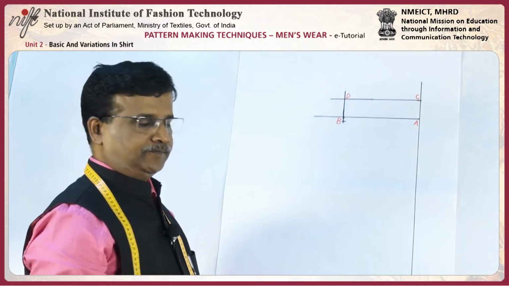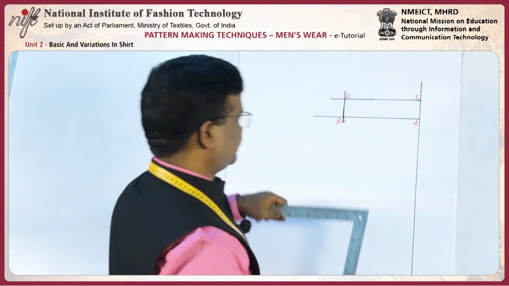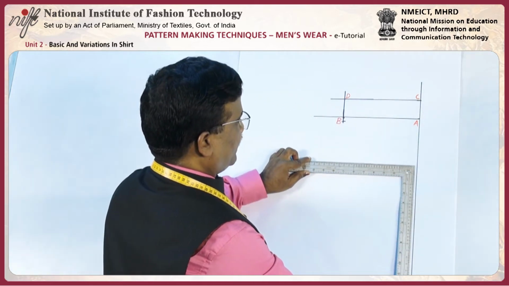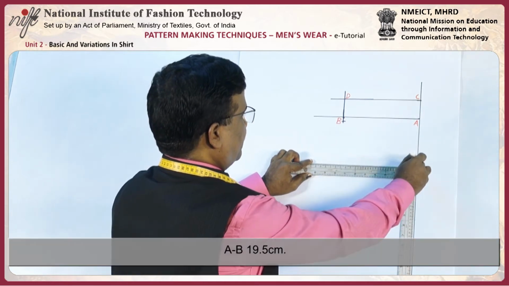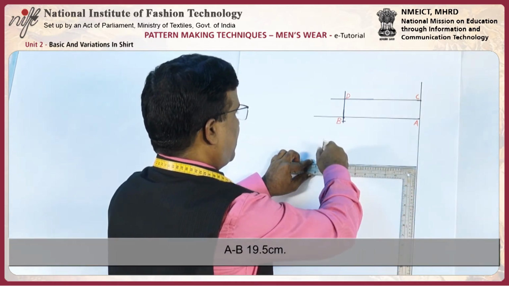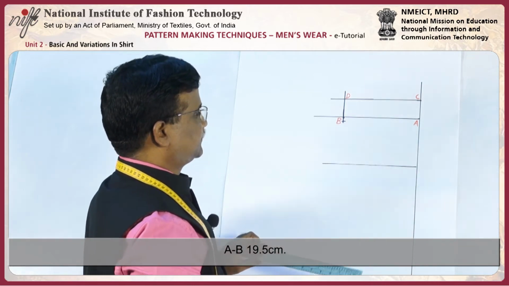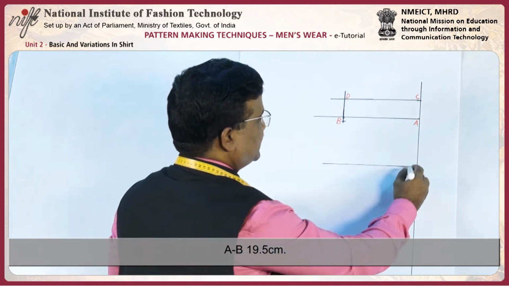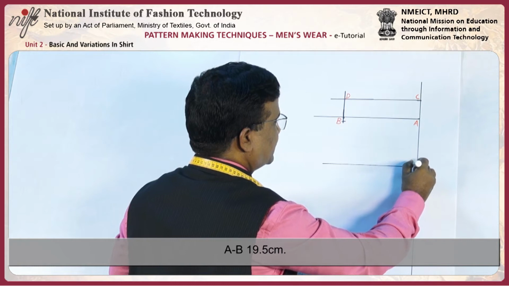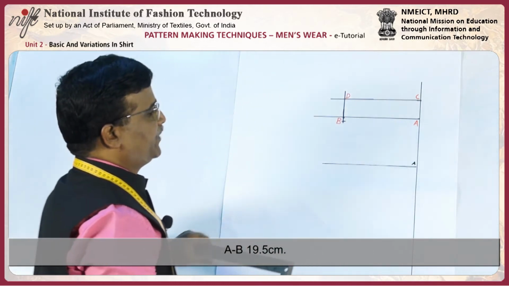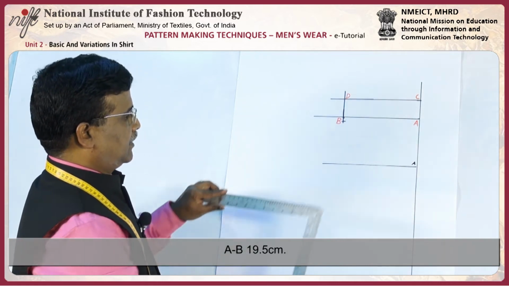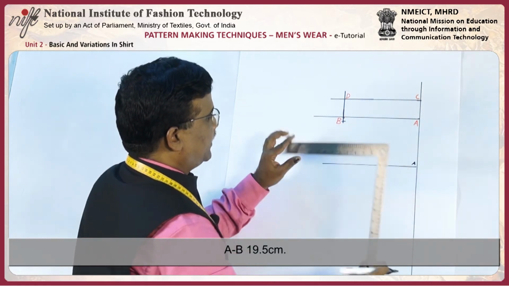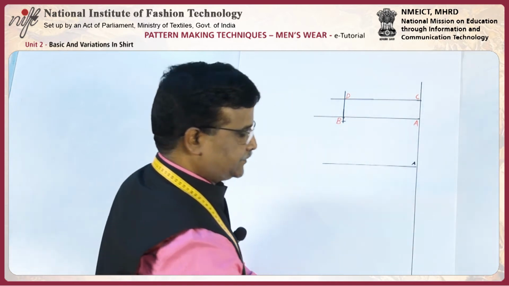Drafting shirt collar. Draw a perpendicular line and label this as A. A to B is the neck, 19.5 centimeter.